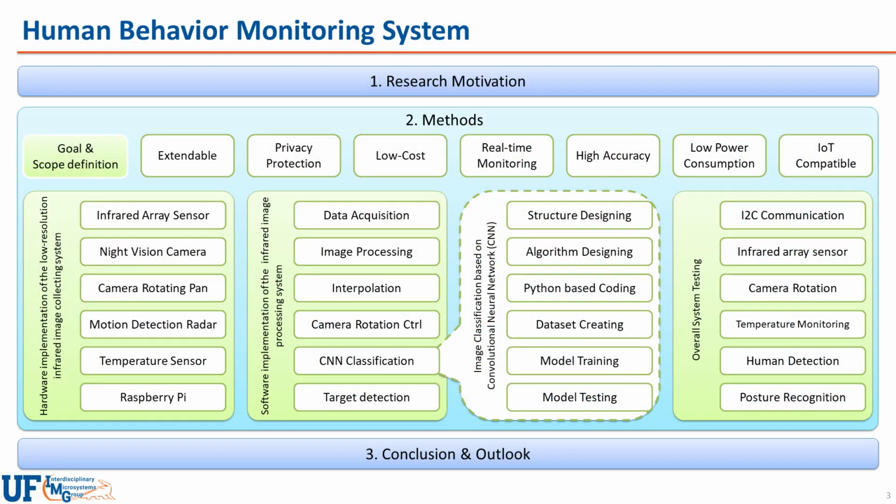In the deep learning part, we also have 6 steps to finish it. First, we need to design the structure of this CNN model. Second, after we design the structure, we need some algorithm to realize it.